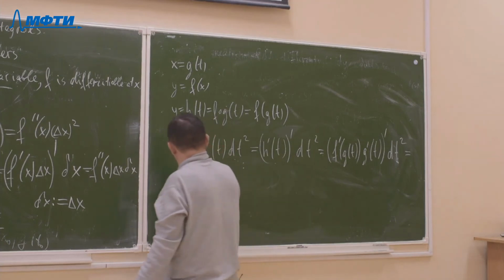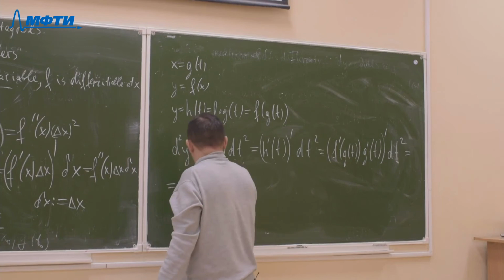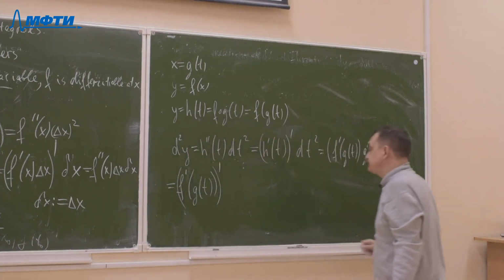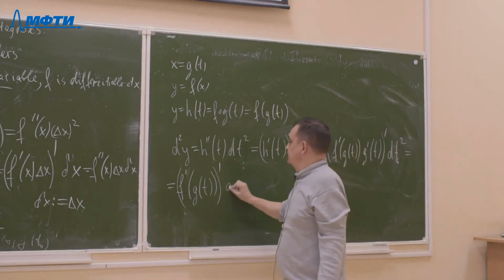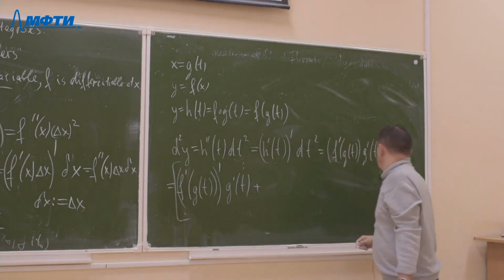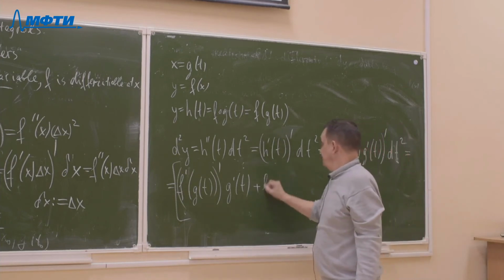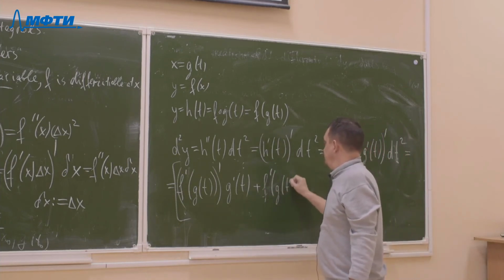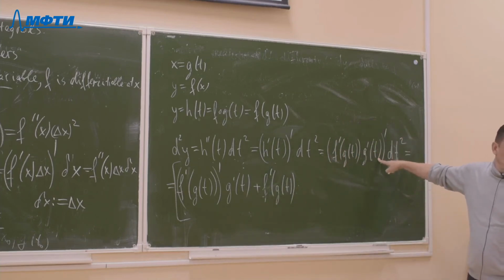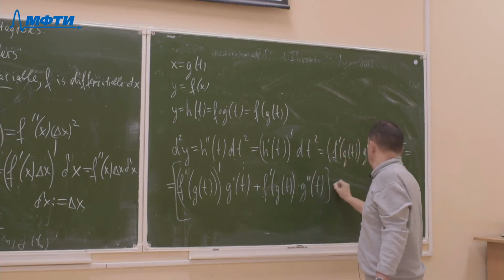It is f prime at g of t, prime, times g prime of t plus f prime at g of t times the derivative of the derivative, which is the second derivative, g double prime of t, dt squared.